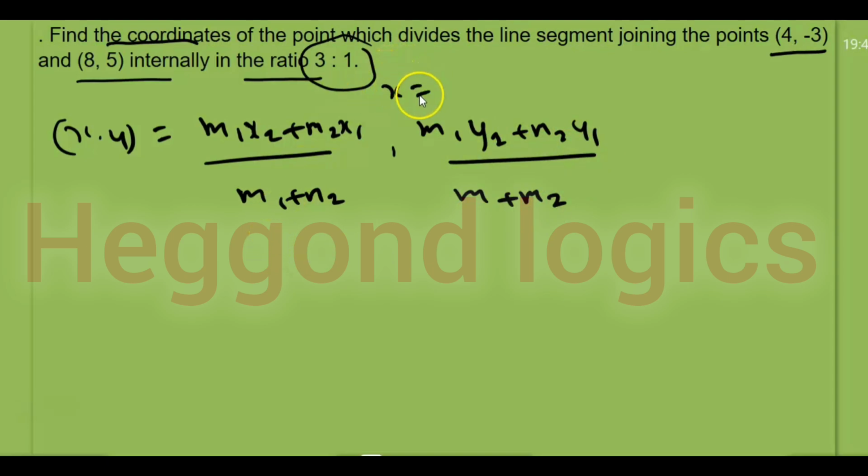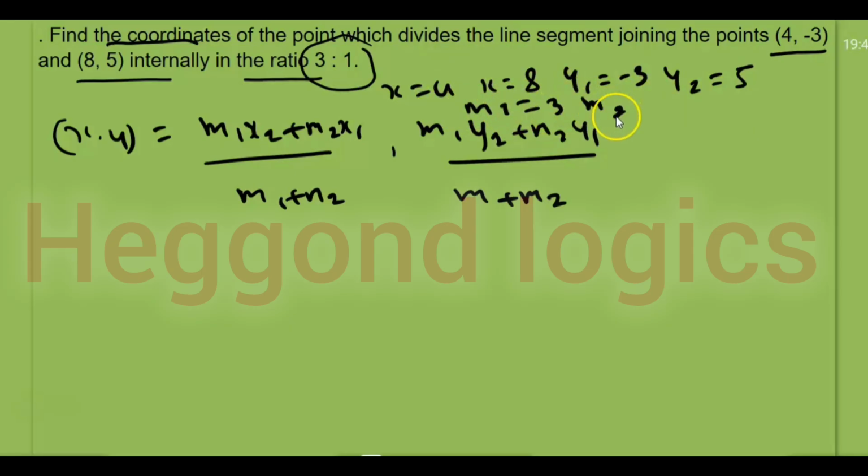Here x1 is equal to 4 and x2 is equal to 8, y1 is equal to minus 3 and y2 is equal to 5, and m1 is 3 and m2 is 1.